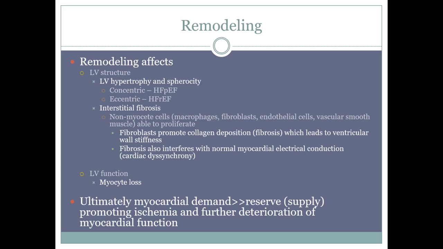But basically, again, as a function of aldosterone and angiotensin II, for example, it stimulates these fibroblasts to produce more collagen or more fibrotic process, which leads to more ventricular wall stiffness and inability to function properly. Okay? In addition to the myocyte loss that we get due to infarction, for example.